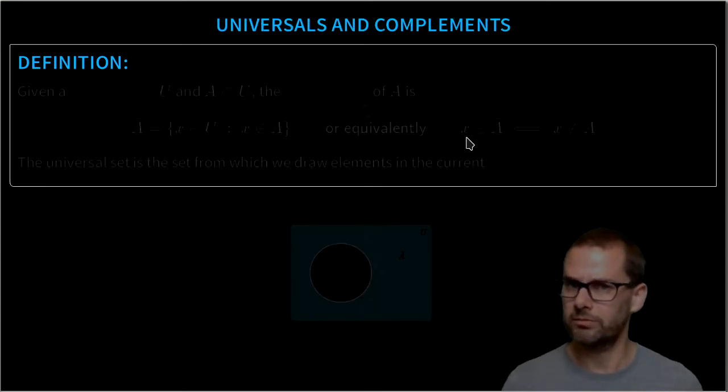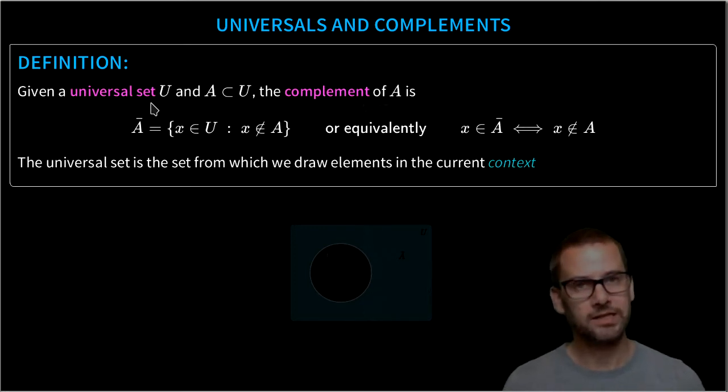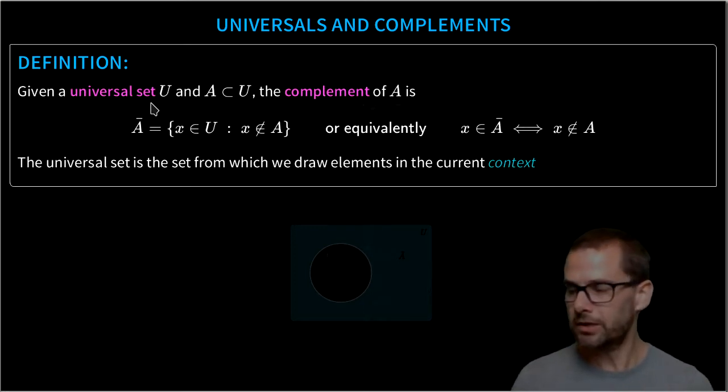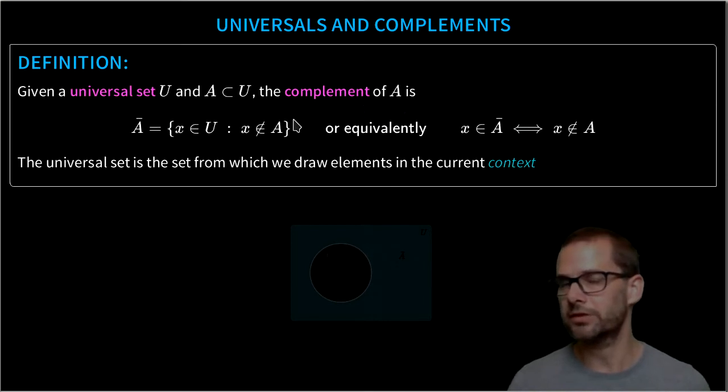So a little bit more notation here, a few more useful terms. So the universal set U is a set from which we draw elements. So typically in many of the applications we're doing, the universal set U will be the set of real numbers. And we have to tell the reader what the universal set is, or it's somehow implicit from context.